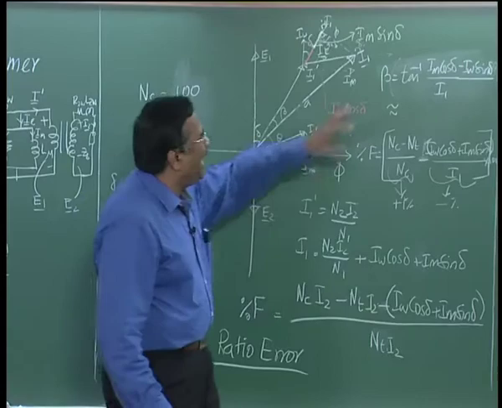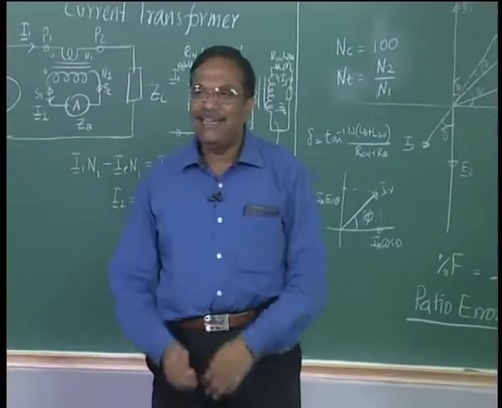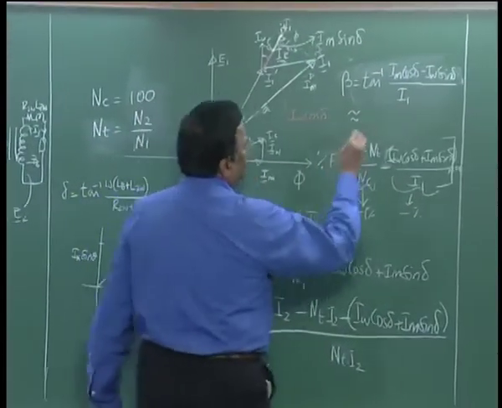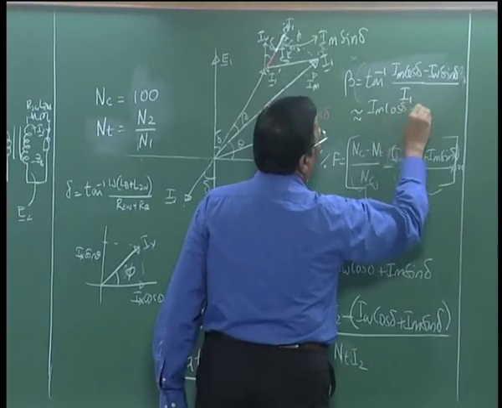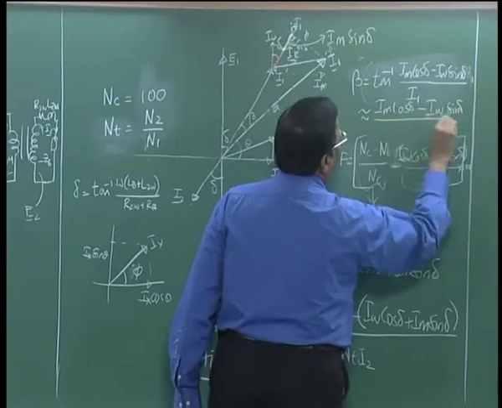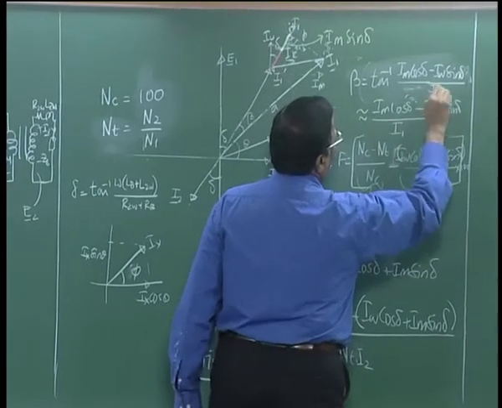So I can write tan inverse theta is equal to theta itself, if it is given in radians. IM cos delta minus IW sin delta divided by I1, right.